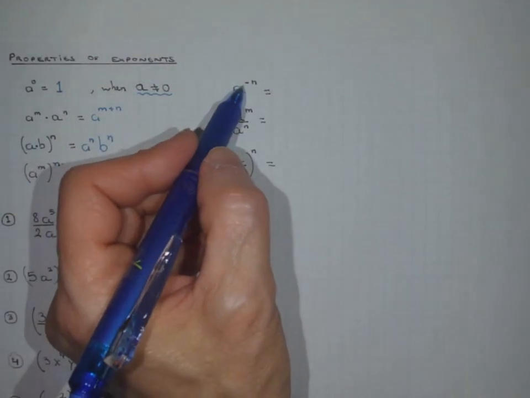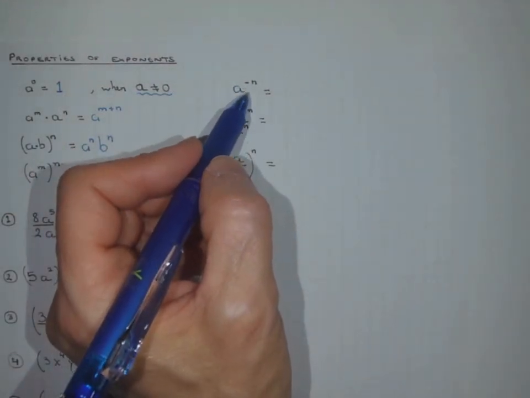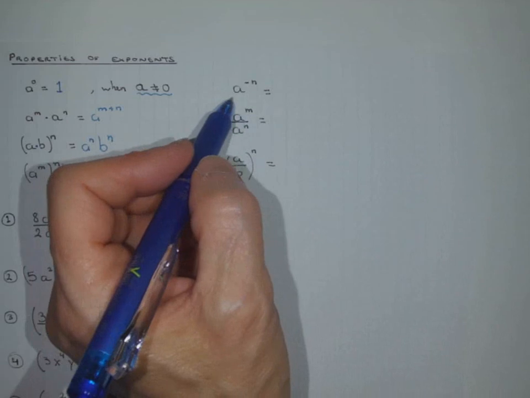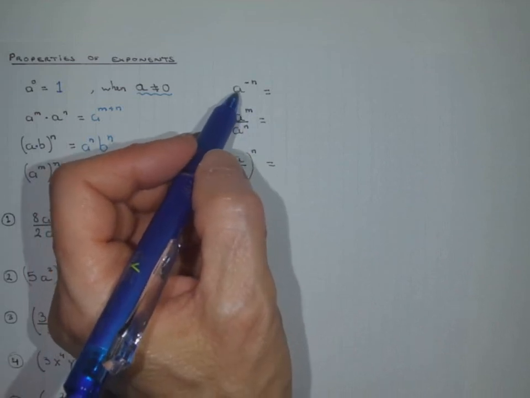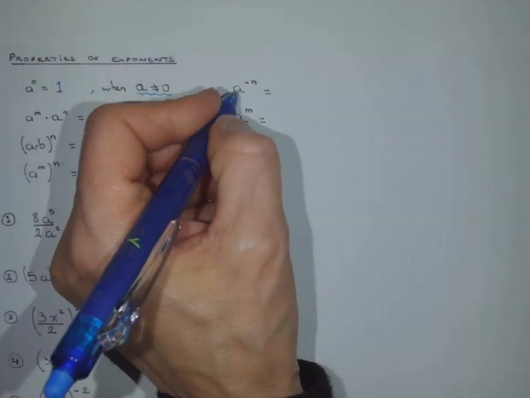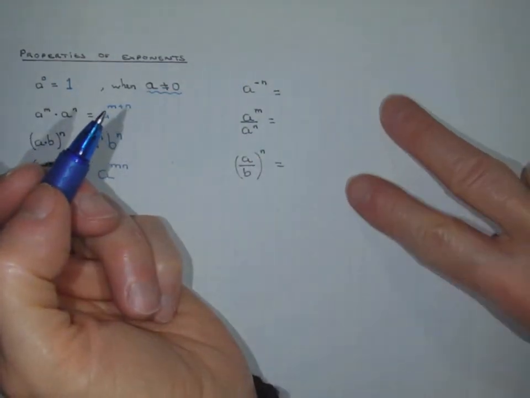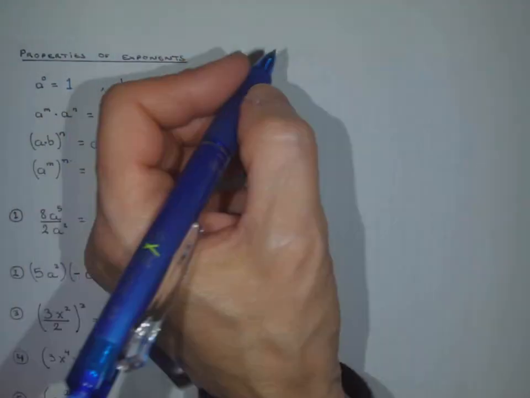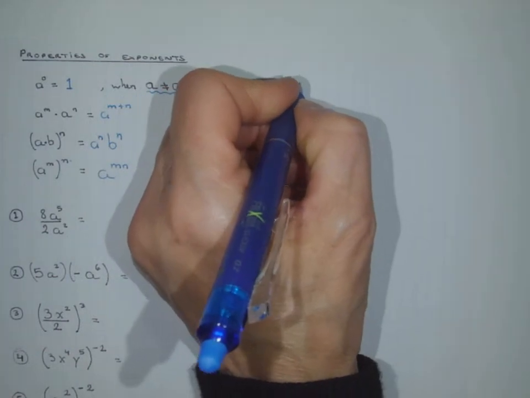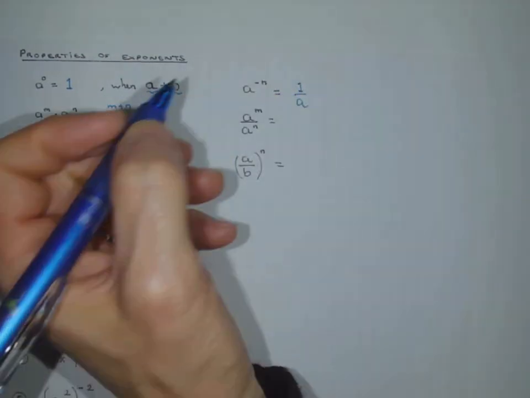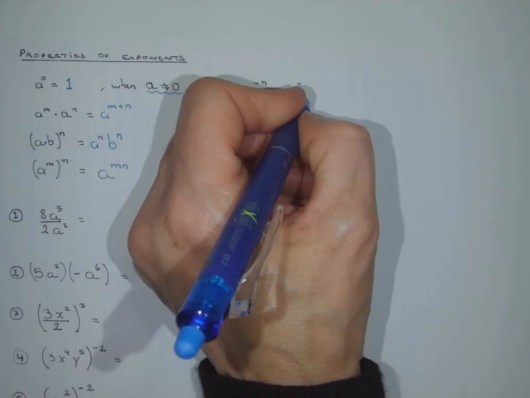When we have a negative exponent, that means we want the multiplicative inverse of whatever the base is. So here, if the base is A over 1, right, A is like A over 1, then we want the multiplicative inverse, meaning we're going to flip that fraction around, and so that becomes 1 over A, but to that positive power now, so to the n.